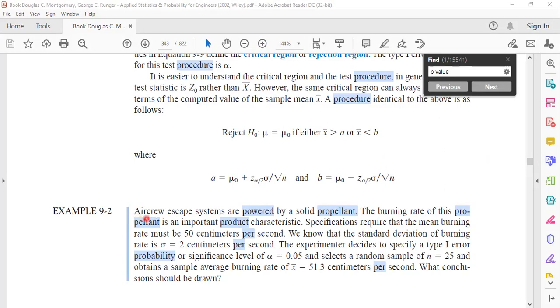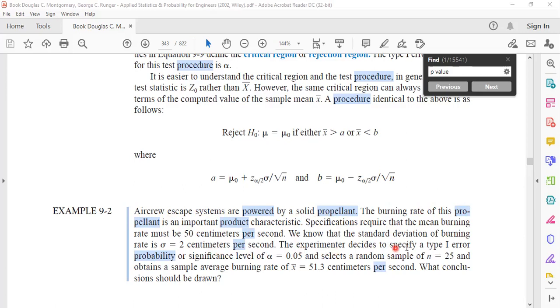The question is: aircrew escape systems are powered by a solid propellant. The burning rate of this propellant is an important product characteristic. Specifications require that the mean burning rate must be 50 centimeters per second. We know that the standard deviation of burning rate is sigma equal to 2 centimeters per second.